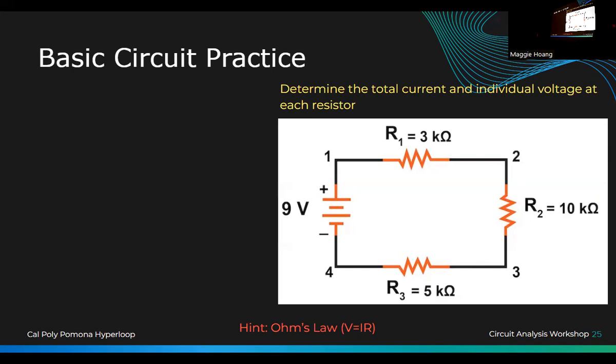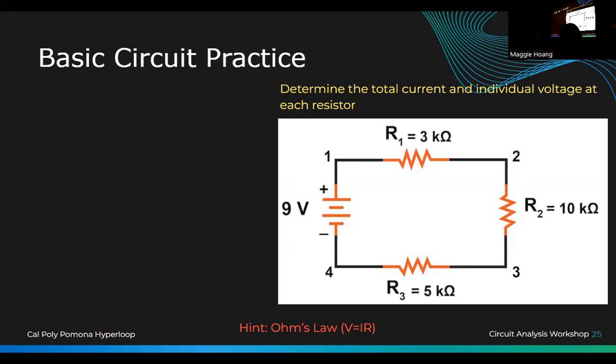Since we're focusing on Ohm's law, VR1 equals I, because the current going through R1 is the same, so 0.5 milliamps times 3K ohms. And then you do the same thing: R2, 0.5 milliamps times 10K ohms, VR3 equals 0.5 milliamps times 5K ohms, right?